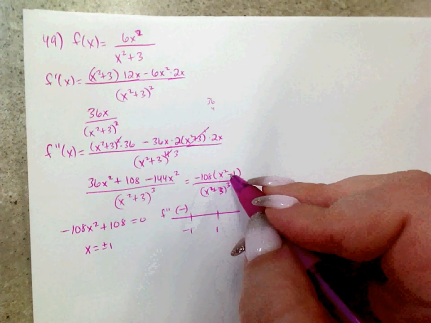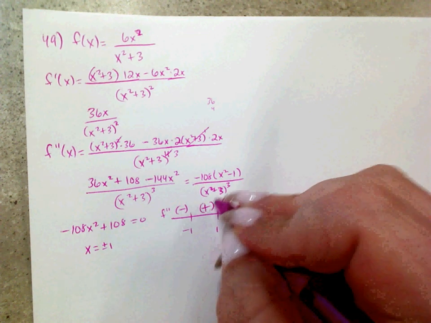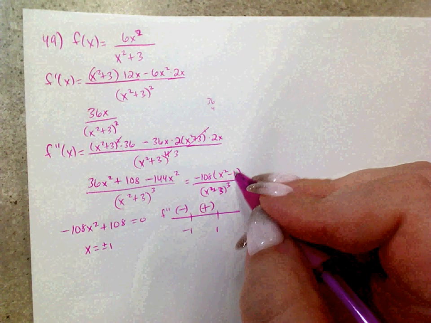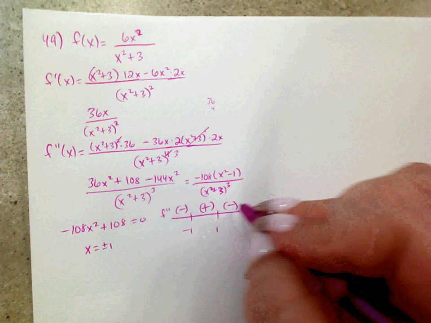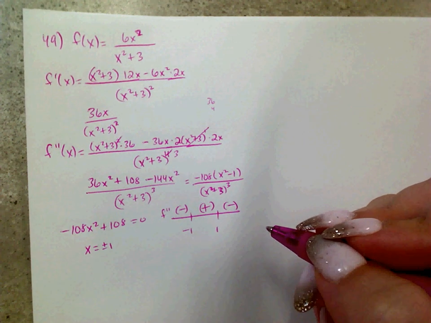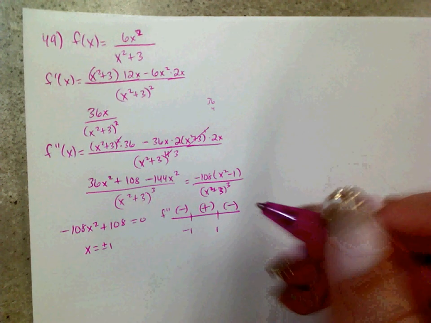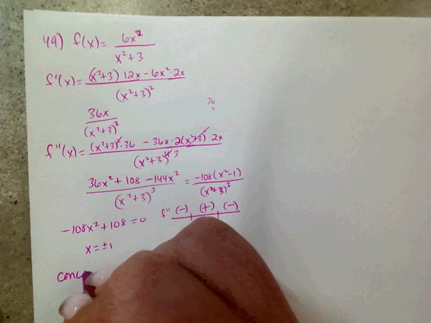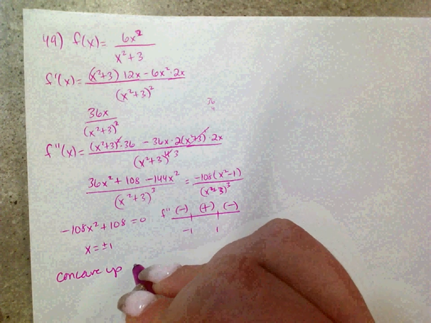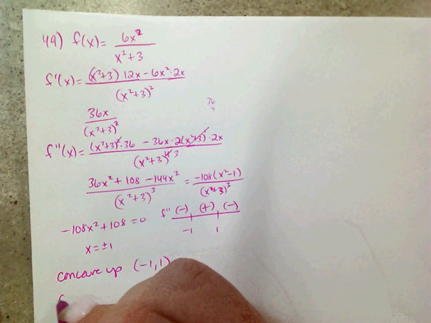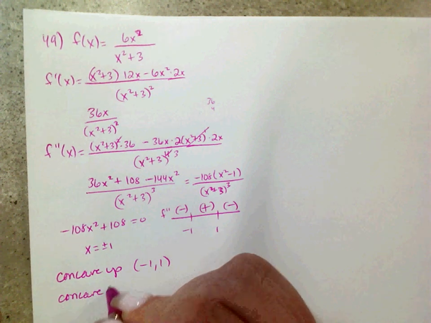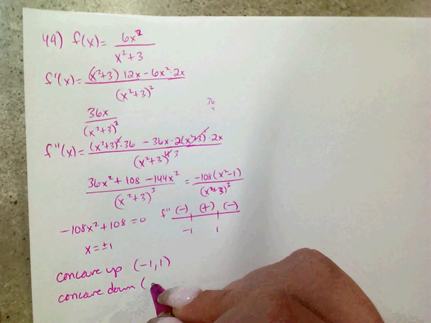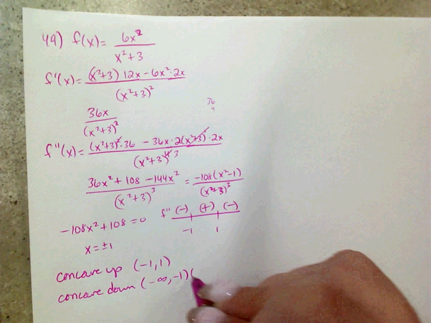So when is this concave up? Concave up from negative 1 to 1. Concave down, negative infinity to negative 1, and 1 to infinity. And if they'd asked for POIs, then I would have said f has points of inflection at x equals negative 1 and 1, because f double prime changed sign.